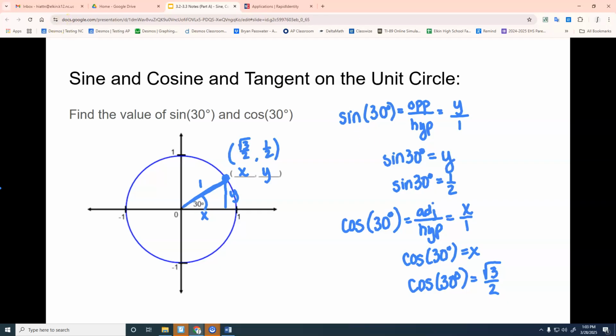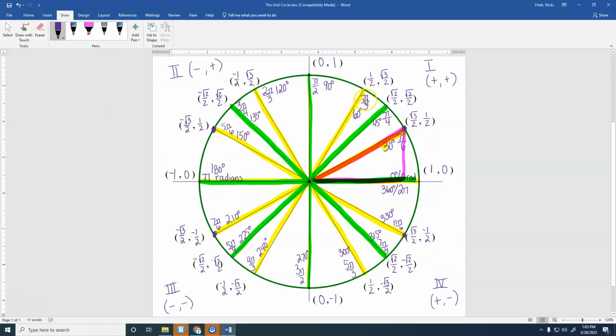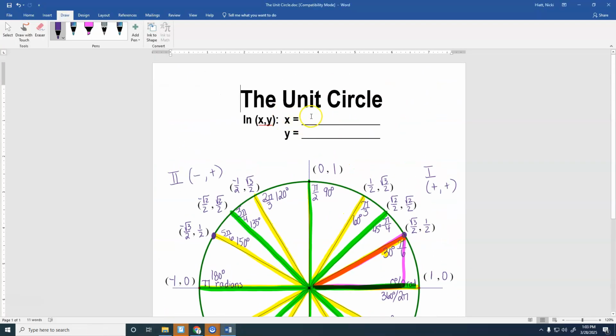So on our unit circle here at the very top, it says x equals and y equals. X equals, we're going to put cosine of theta, and y equals sine of theta.